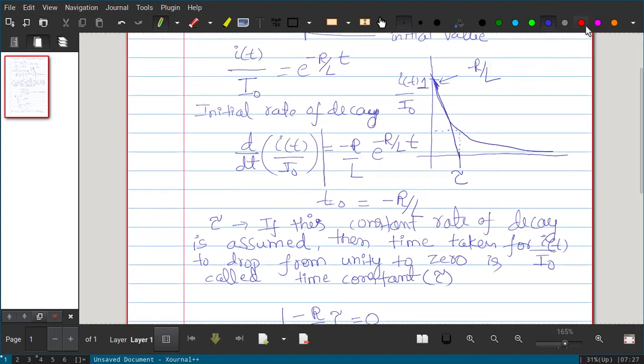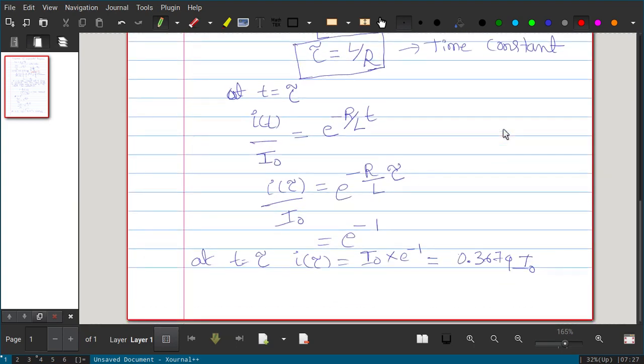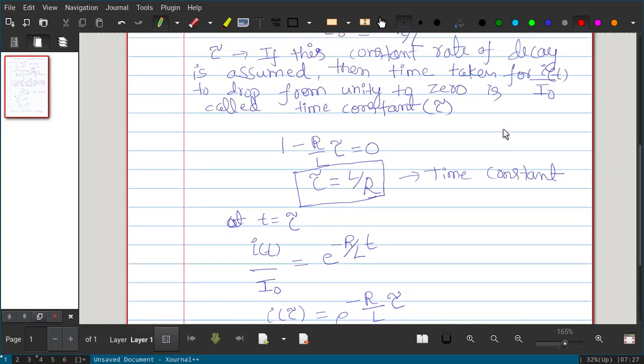So this will be 36% of I of t divided by I naught. You can see here, you will get 36% of this.